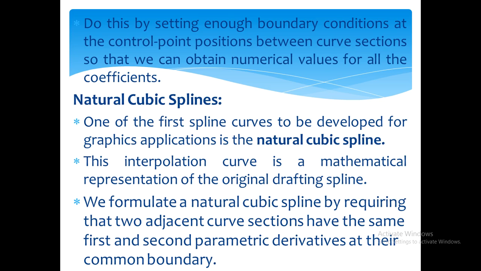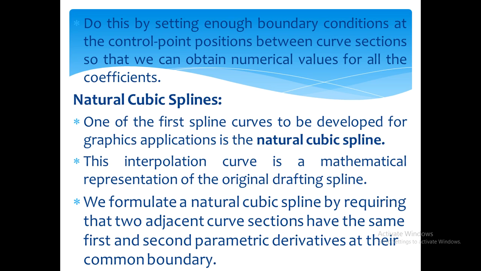Then do this by setting enough boundary conditions. You have to set the boundary conditions, then check them. Depending on the boundary conditions, we will decide whether the curve is going in the correct path or not. Normally we set these boundary conditions to check whether the two curve sections are going in the right direction, because when you are joining a piecewise curve, the pieces may not be joining at the same point.